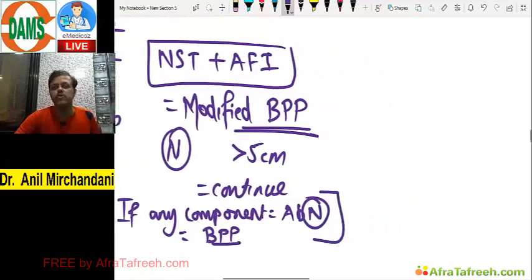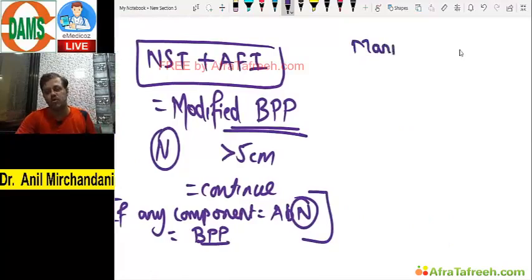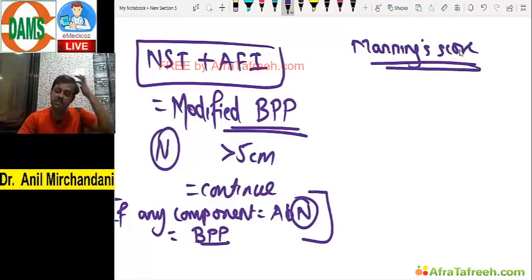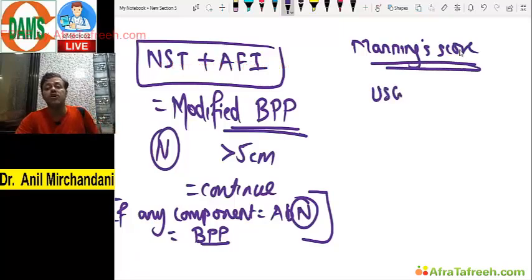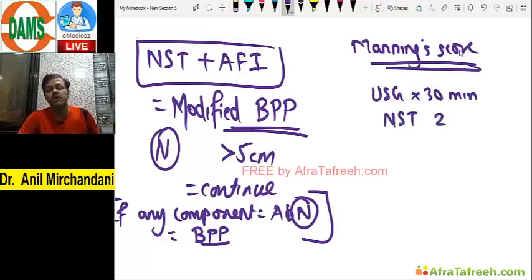I know you people know that it is called Manning's score, the biophysical profile. In that scenario, you are doing USG for 30 minutes. You have already done NST for 20 to 40 minutes.